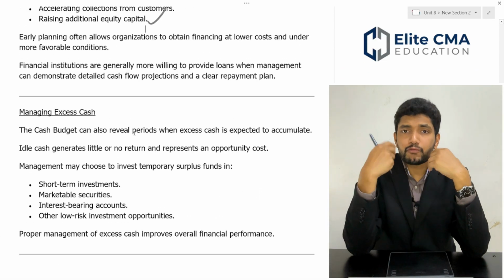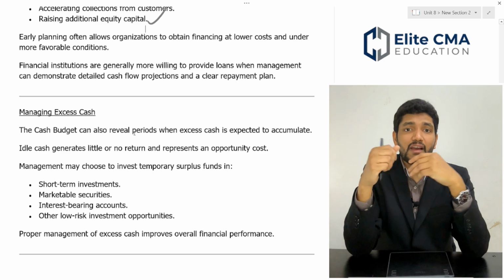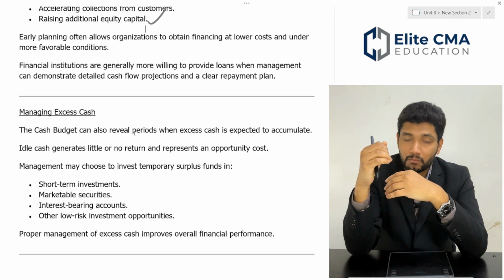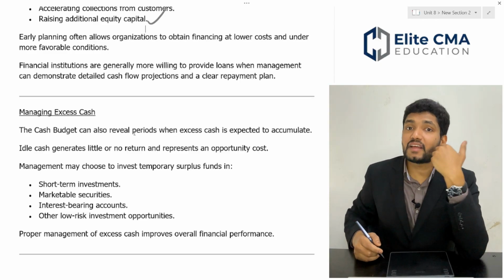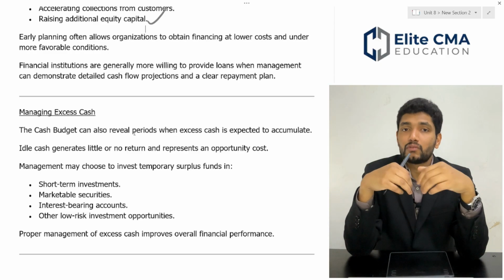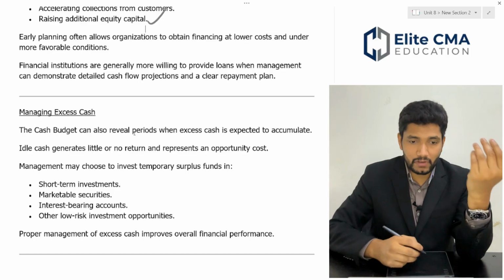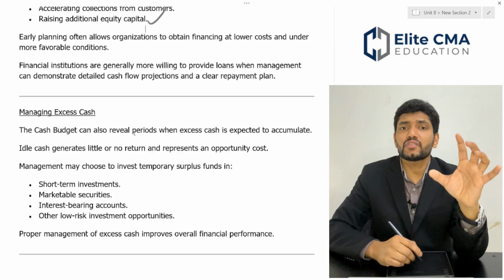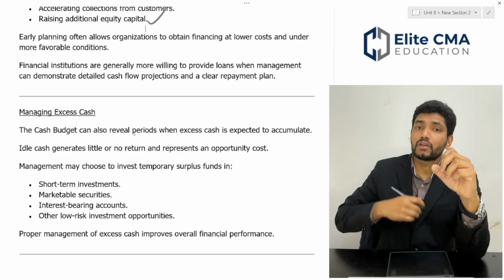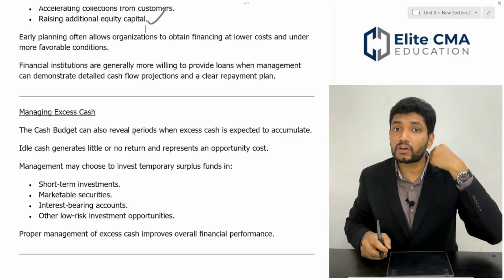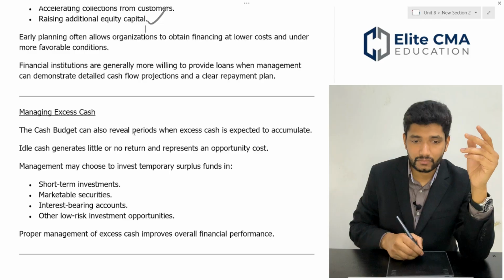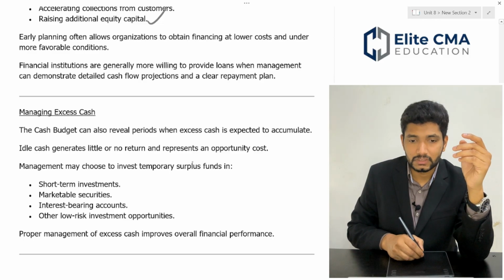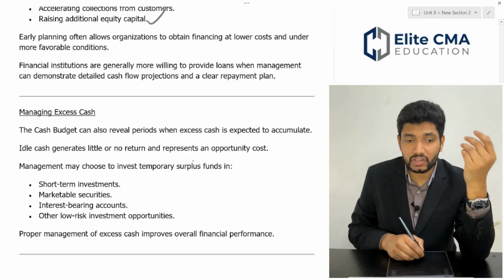Now, if you have some excess cash for a particular period of time in your business, what do you have to do? You have to manage that excess cash in a profitable way. Otherwise, it will remain in the business as non-active, non-revenue generating cash. Again, it represents an opportunity cost as well.